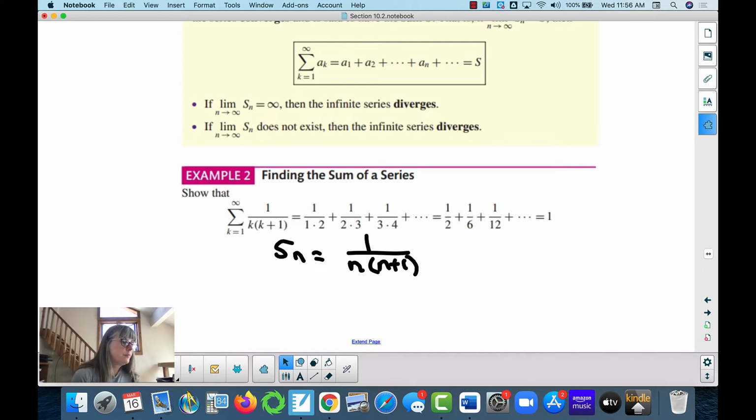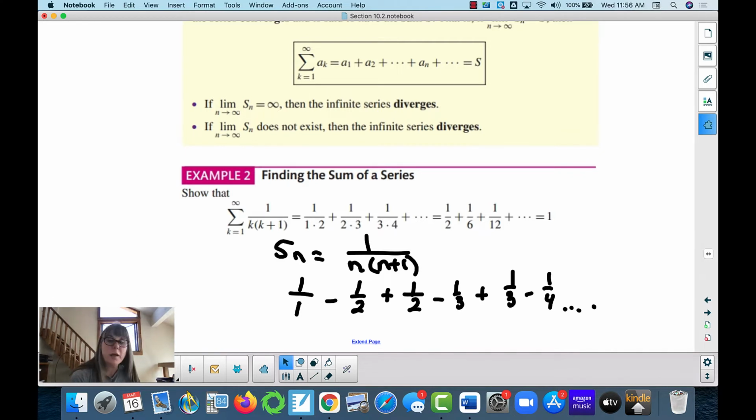Well, if I do partial fractions with these right here, I end up with 1 over 1 minus 1 over 2. Then this one gives me 1 over 2 minus 1 over 3. The next one gives me 1 over 3 minus 1 over 4.